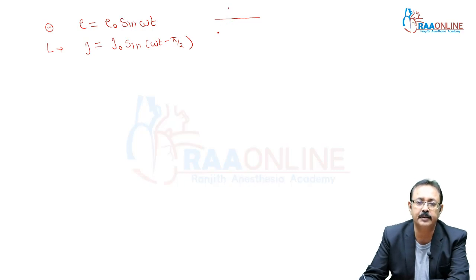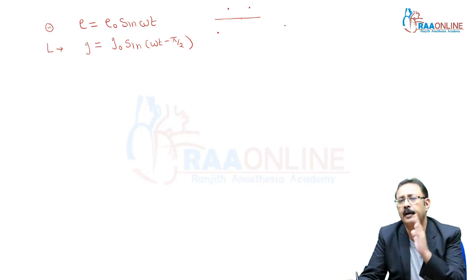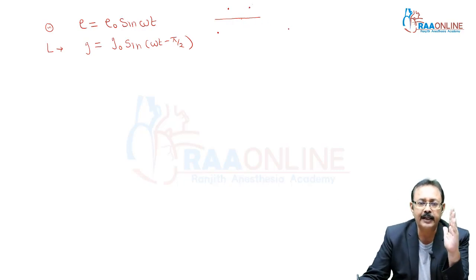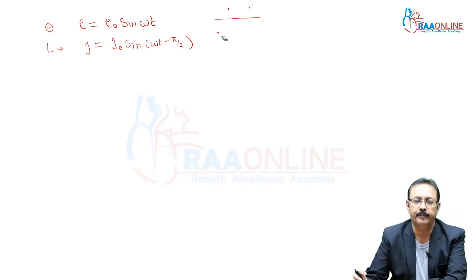When EMF is maximum, current will be 0. When EMF is again 0, now the current will go to maximum in this direction. So current always lags behind by 90 degree.